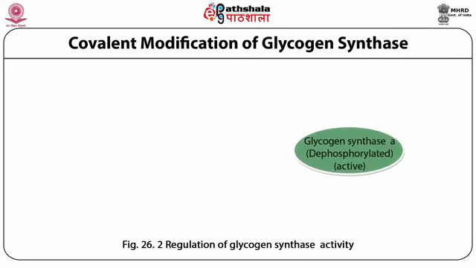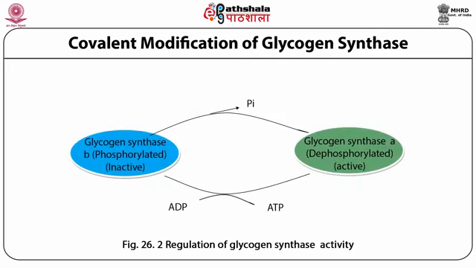They are glycogen synthase A and glycogen synthase B. Glycogen synthase A is the active form of the enzyme, while glycogen synthase B is normally the inactive form. Glycogen synthase B is converted to glycogen synthase A by the process of dephosphorylation. It is catalyzed by protein phosphatase.